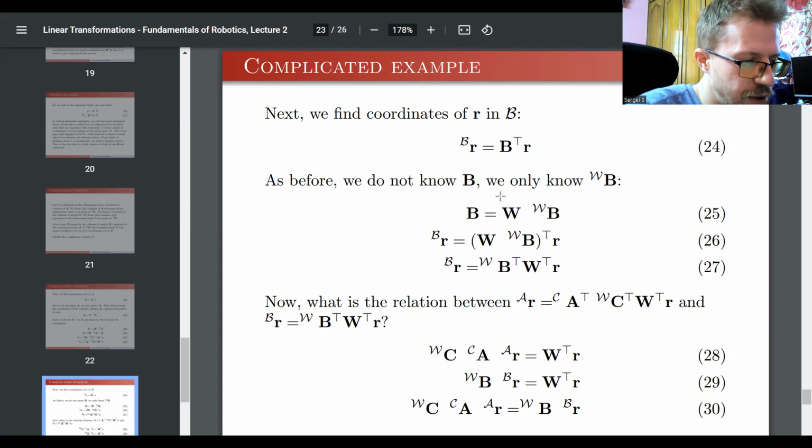Now we substitute this here, and we get this expression. We open the brackets. Omega goes here. B sub omega goes here. And we get the relations between coordinates of R in B and vector R. Okay, so now we have two such relations. One relation is this.